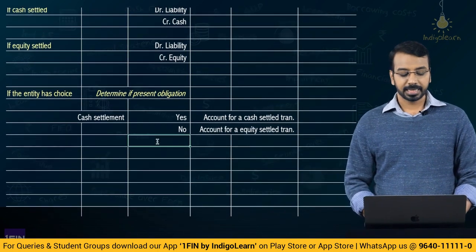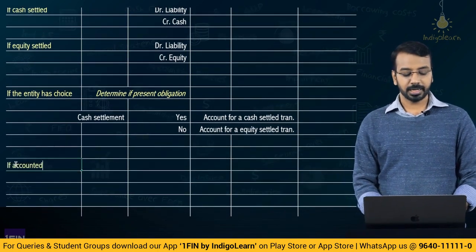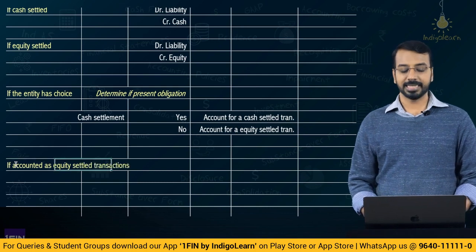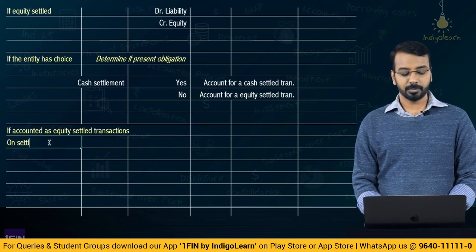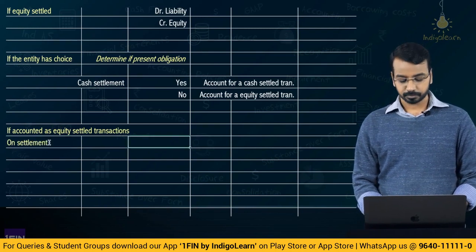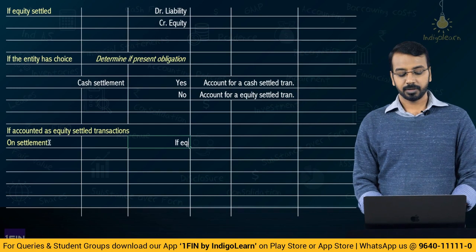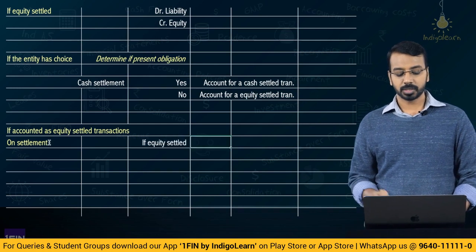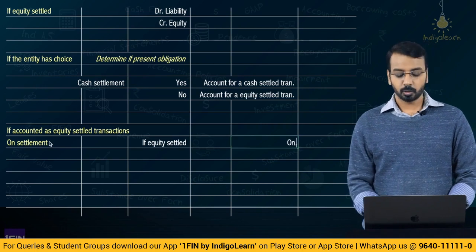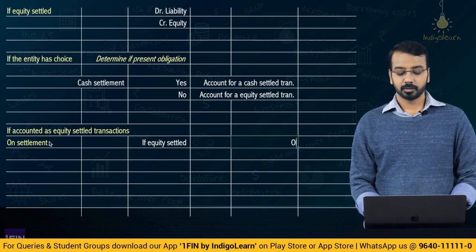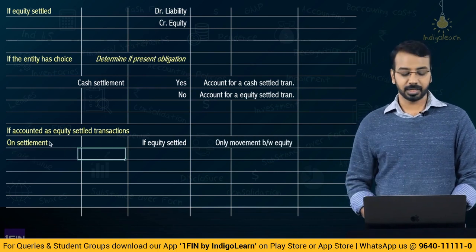Now, if you have accounted for it as an equity settled transaction, on settlement, if you have done equity settlement, then no further expenses are recognized, only movement between equity. So you'll only move between equity.